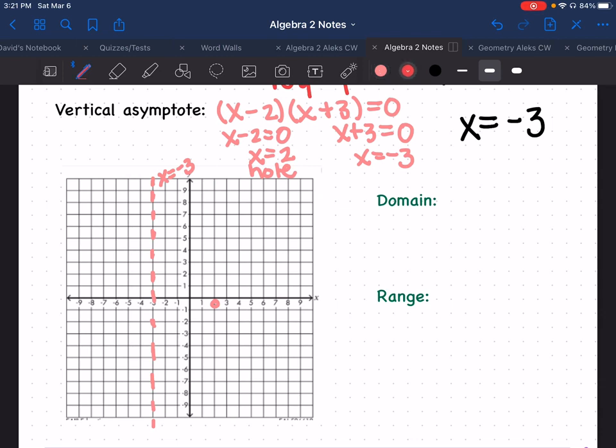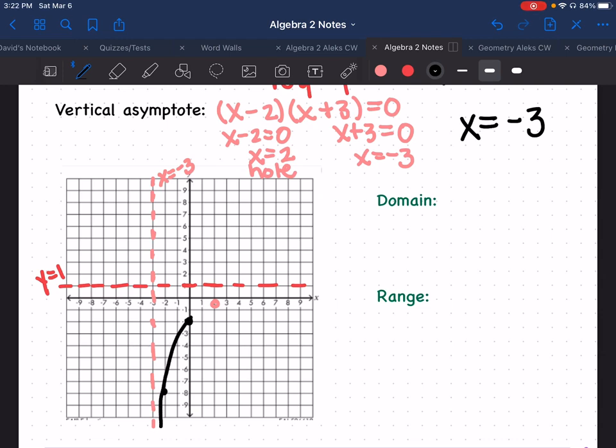And then, of course, my horizontal asymptote was at 1. Let me draw that in. And let me go ahead and show you what this graph looked like. So I had a point (0, -2), and then (-2, -8).